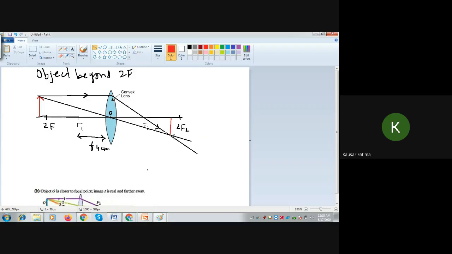And see, the ray coming from the top appears at the bottom. They intersect at the bottom, it means the image is inverted. The bottom will appear here and the top will appear at this point. So the image is real, inverted. It is smaller than the object, so we call it diminished.